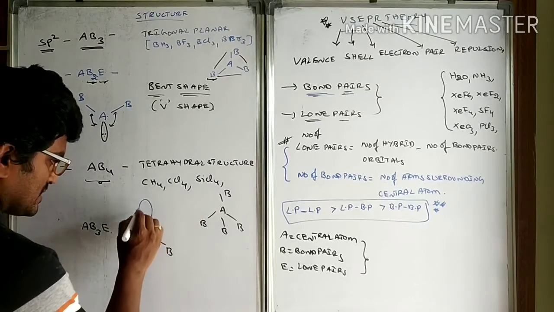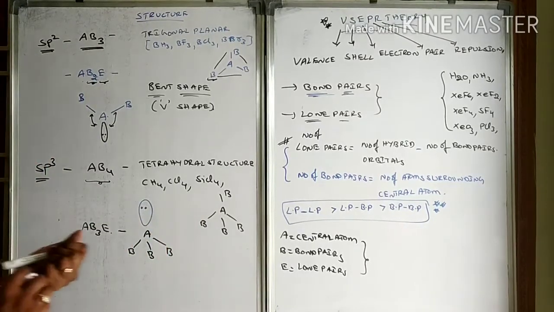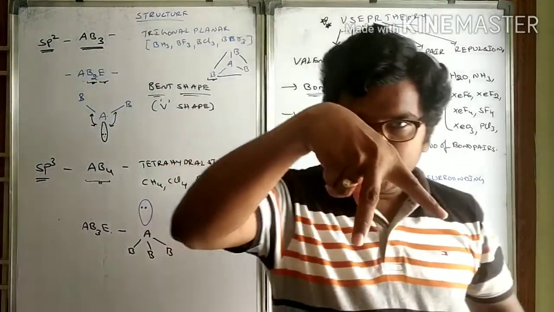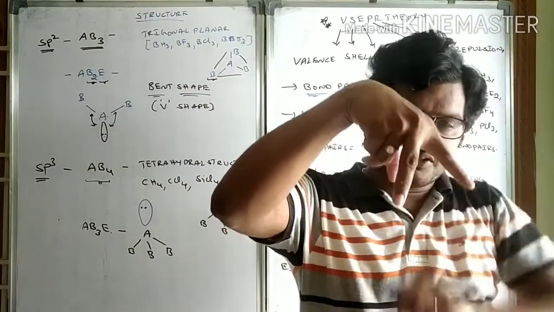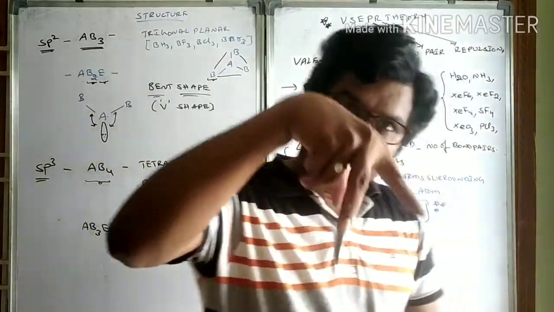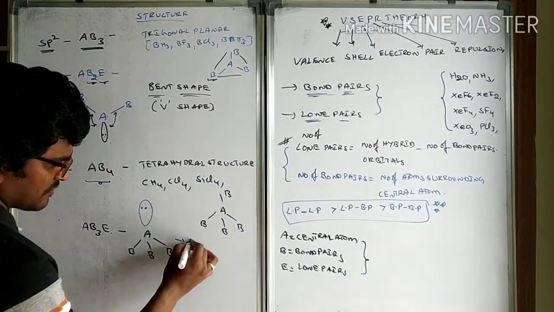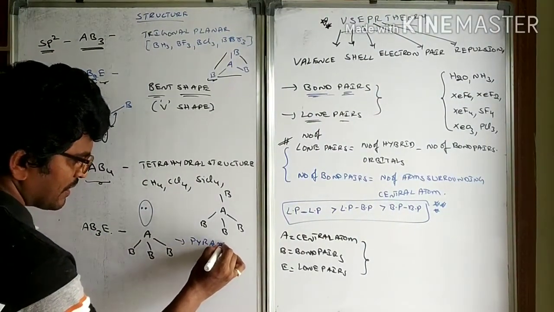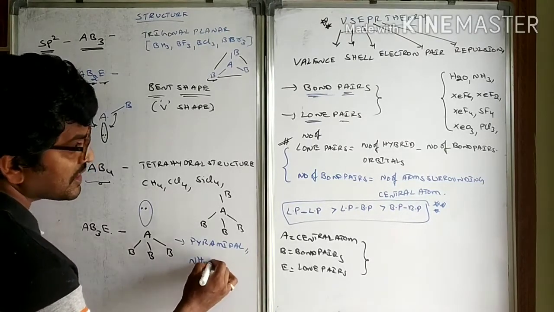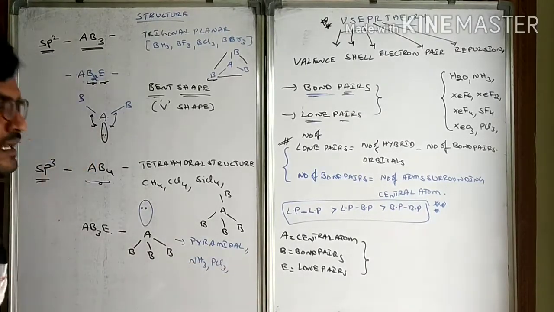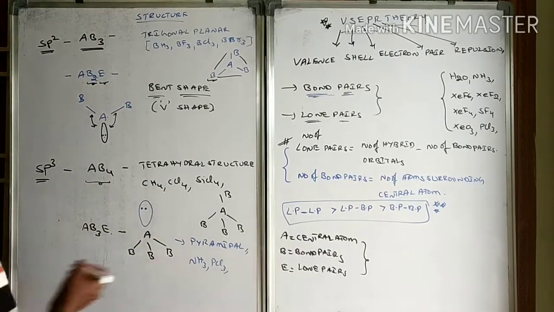Since three atoms are like a pyramid and one is there, now this atom is not there, only the lone pair is there. So what shape are you getting here? Pyramid shape. That's why the structure of this molecule is pyramidal. Examples for this are NH3 and then PCl3. Like this we can have the structure.